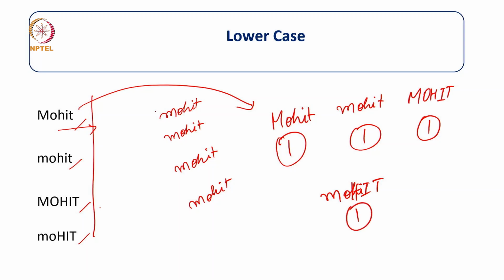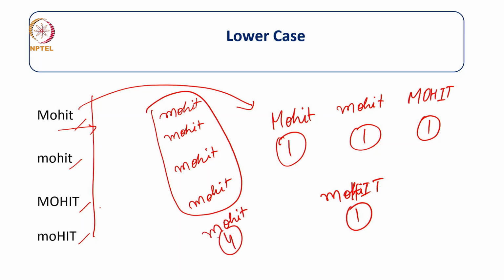But when we run the table function on the lower-cased version, it will give the output Mohit 4. That is why lower casing of the text data is a necessary step in the pre-processing of text data.